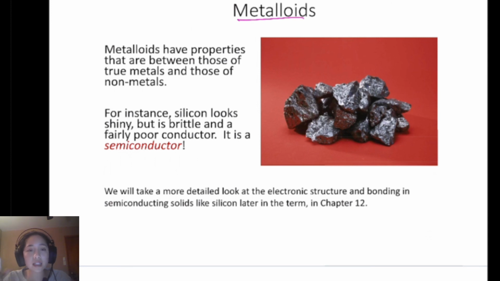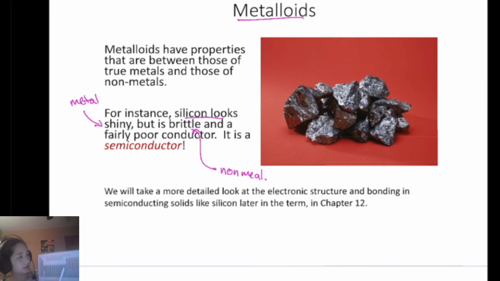For example, silicon, which is in this picture, looks shiny like a metal, but it's brittle like a nonmetal. It's not a great conductor, but it's a semiconductor, meaning that under enough stress, it can conduct electricity. That's a reason why silicon is in the metalloid region.